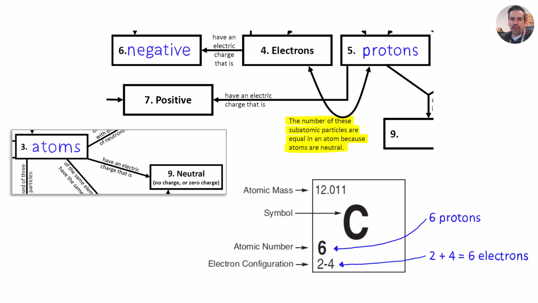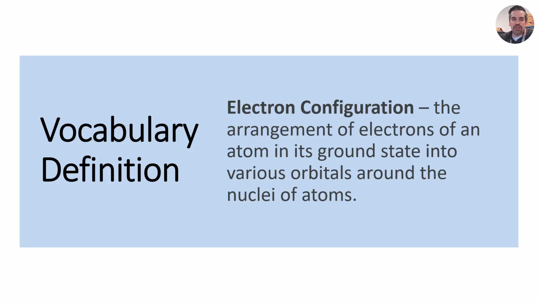Those numbers are telling us how many electrons are in an atom as well. You might think that's redundant information, but the electron configuration tells us some more information. The definition of electron configuration says that it's the arrangement of electrons in an atom in its ground state into various orbitals around the nucleus of the atom. Now, orbitals or energy levels is fine.